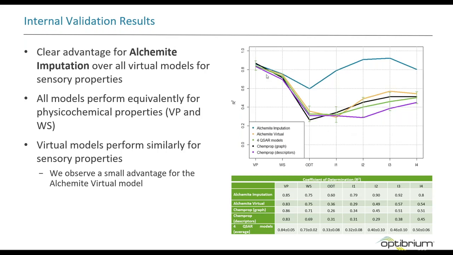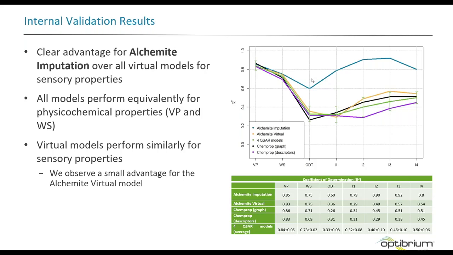And what is apparent here is that the outcome imputation, represented here by the blue line, has higher R squared over the sensory properties, the ODT, and the 4 odor intensity endpoints, in comparison to the other virtual models or molecular descriptors-based models, which shows the benefit of using the imputation model over other models.